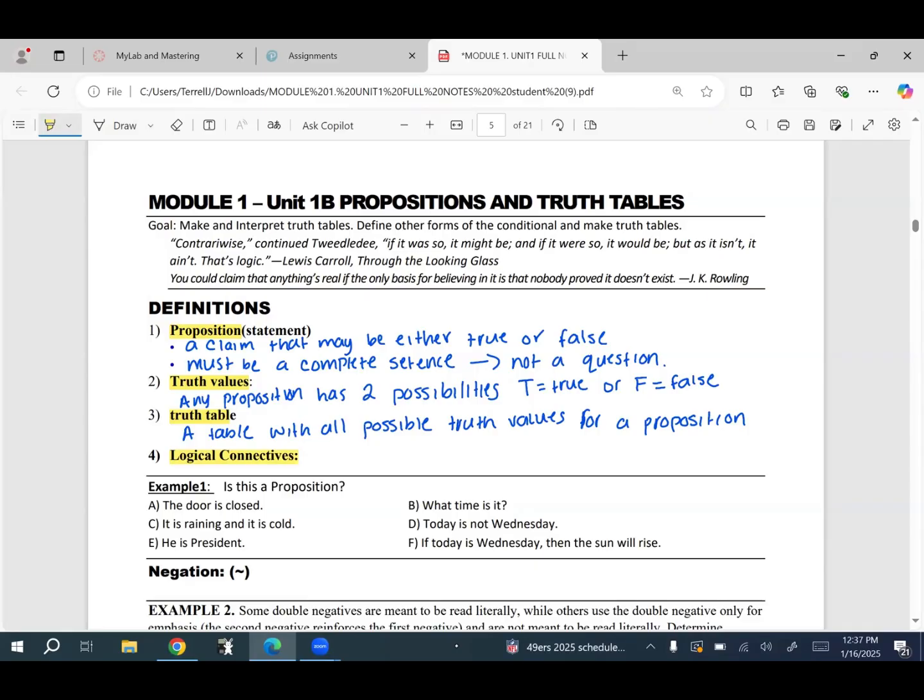They just connect propositions together. So they're words like and, or, if, then. And these are words that connect or join propositions together. So I'm just going to say they join propositions together.